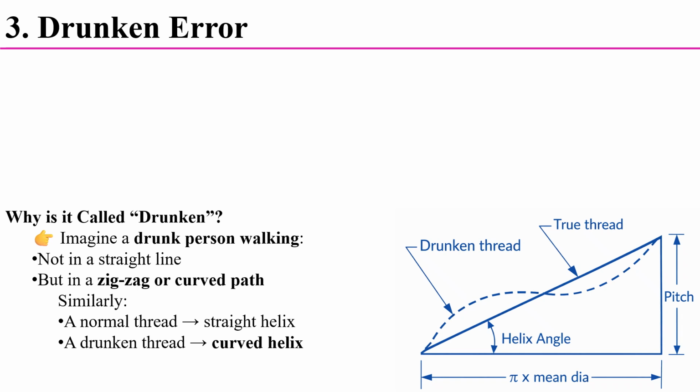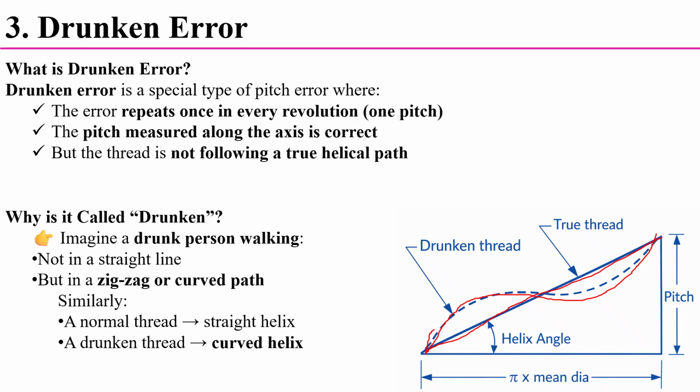In the schematic also we have to observe that the drunken thread has a curved helix, but the normal thread has a straight helix. The drunken error is a special type of pitch error where the error repeats once in every revolution.